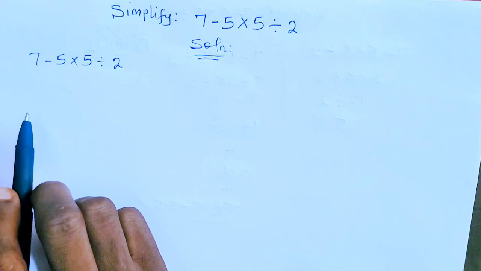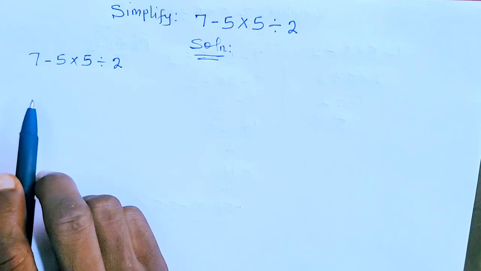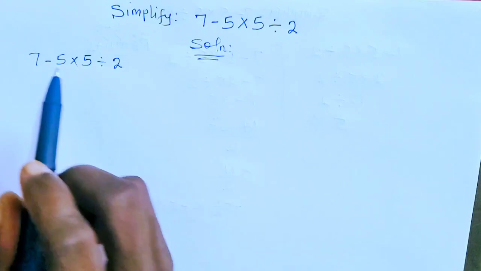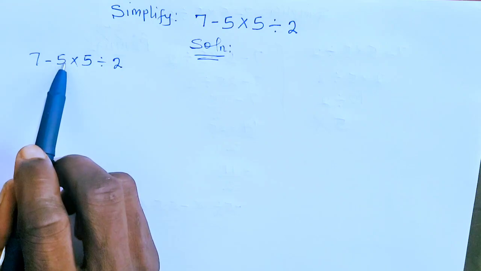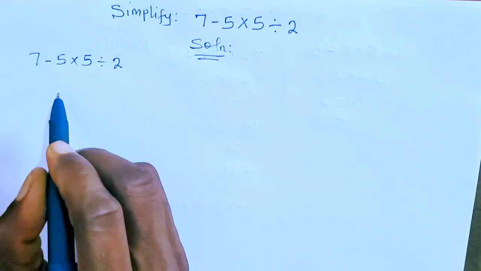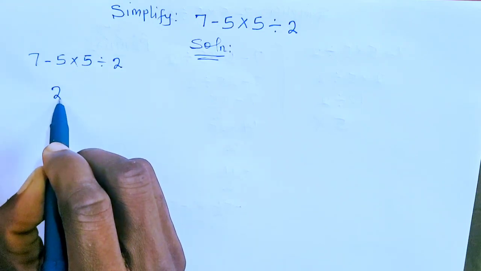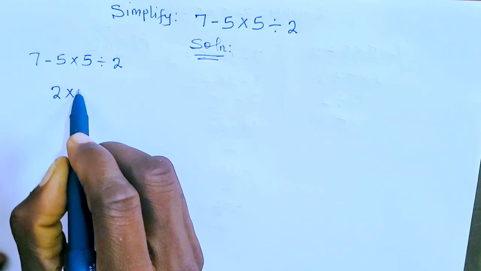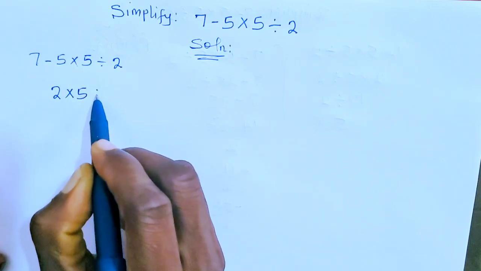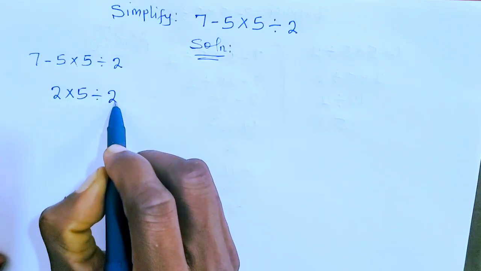Yes, some persons will simplify this wrongly. And they have this: 7 minus 5, that gives 2, multiplied by 5, divided by 2.